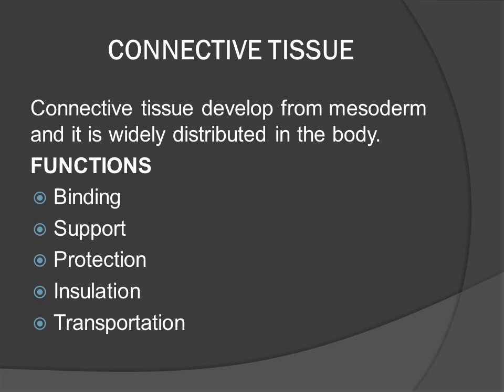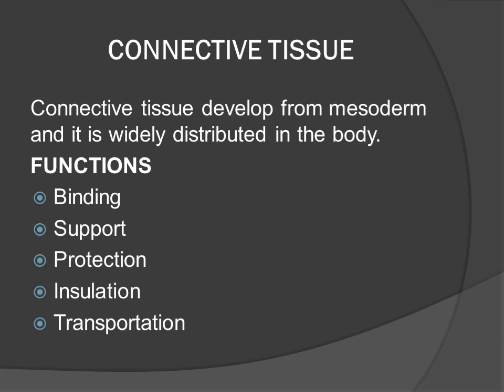Let us see its functions. The first is binding. As we said, skin is connected to the muscle with the connective tissues, so it is binding the organs. Of course, it is giving support and protection to the body.